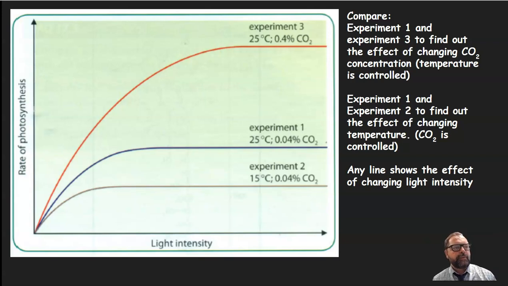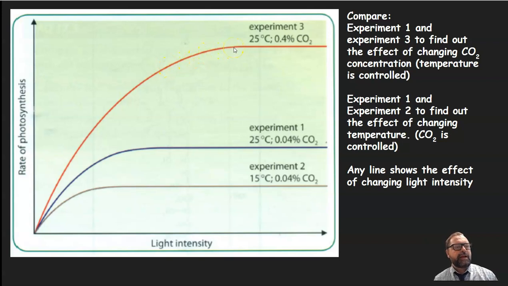On each line, when the line becomes horizontal, that tells us that something other than the light intensity is limiting photosynthesis. So in all of the lines, if they're sloping upwards, that tells us that the thing on the bottom axis, in this case light intensity, is the limiting factor. And all of the lines level out.